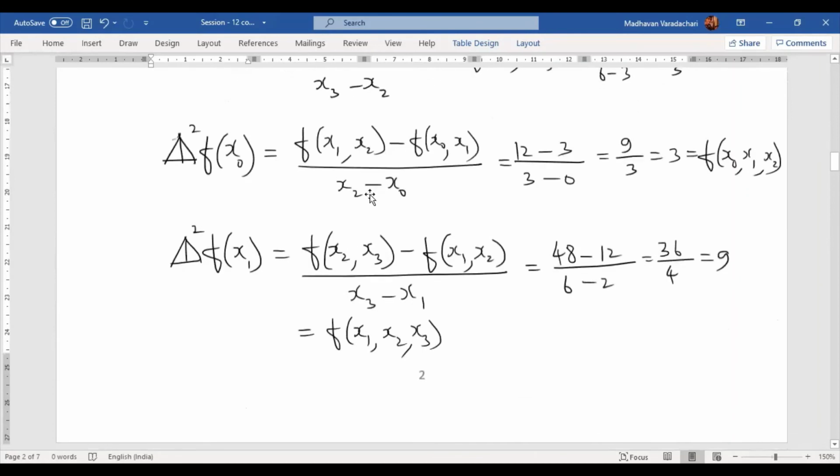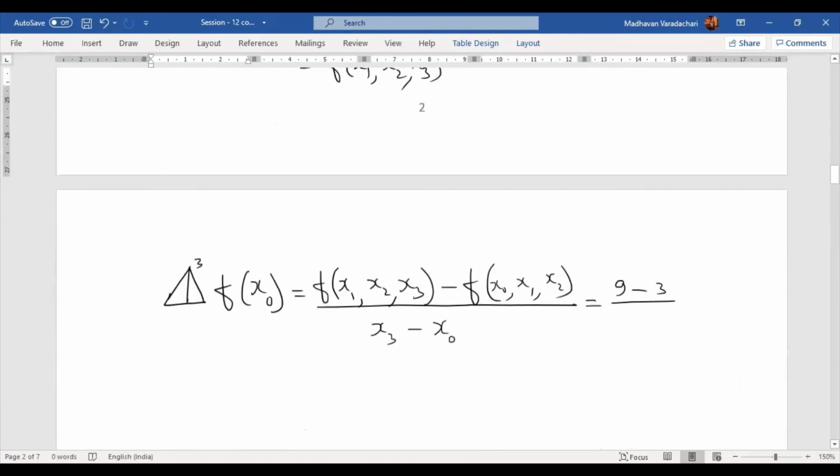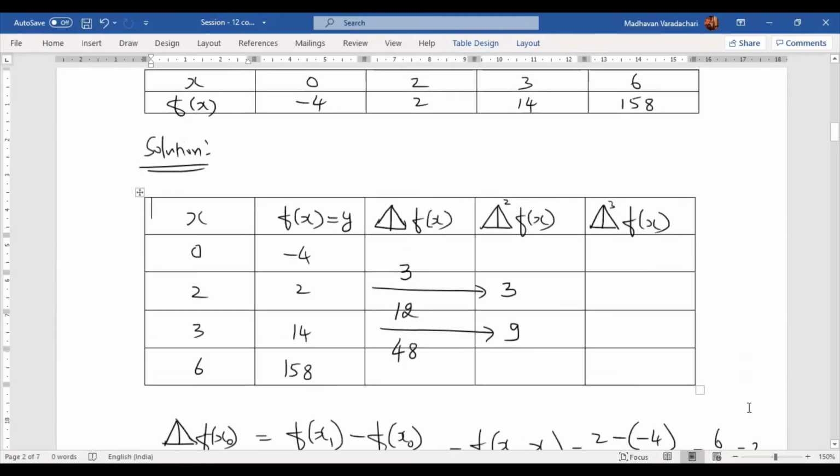So 6 and 0. This is 6 by 6, or 1. So straight away I can write there in the center 1.